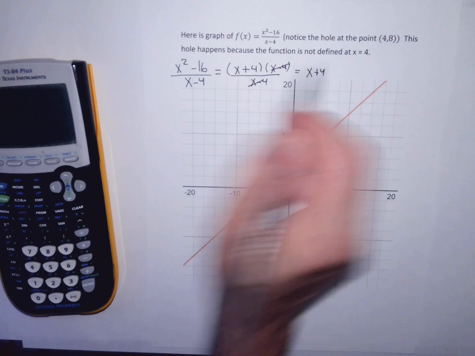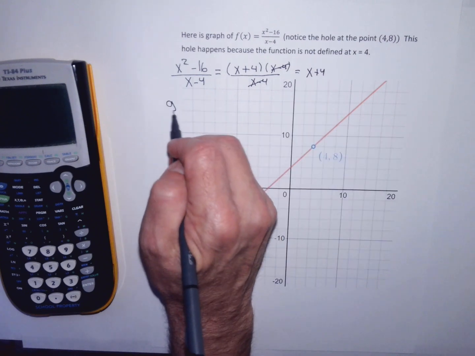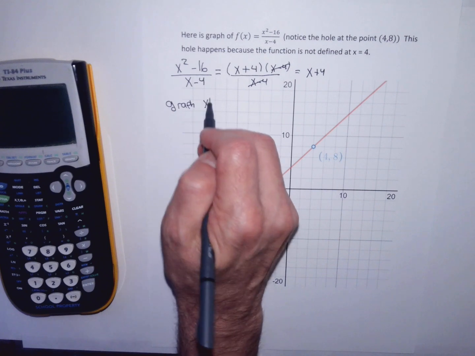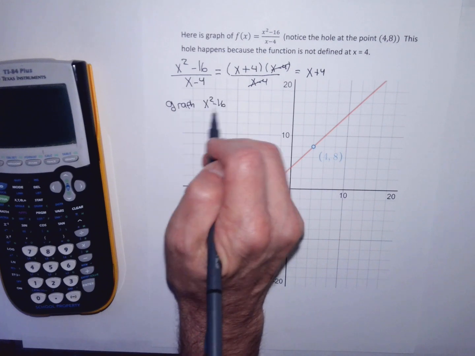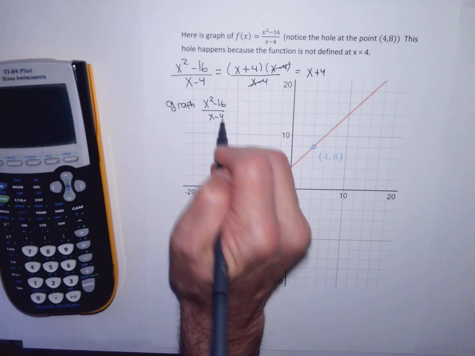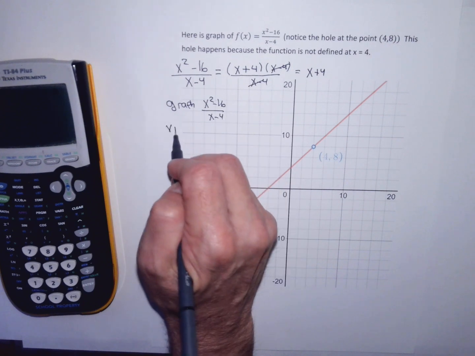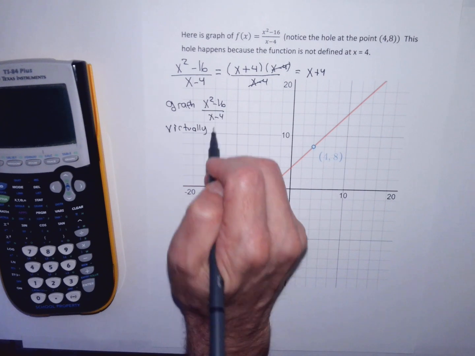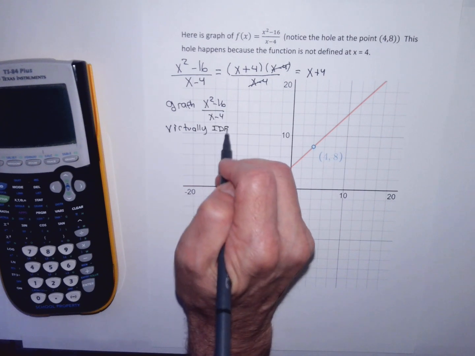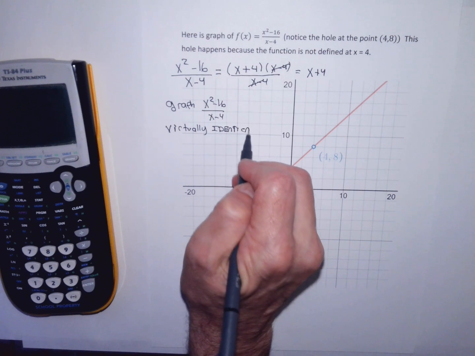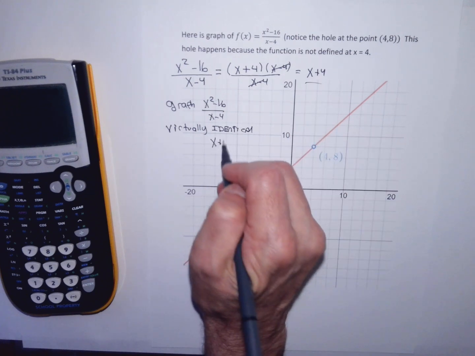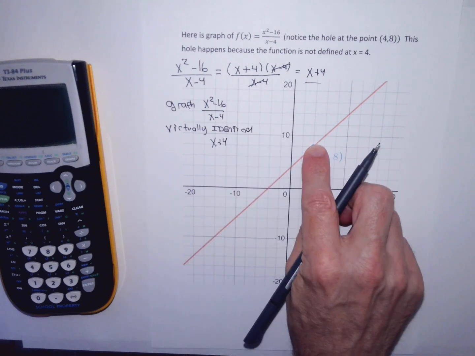So the graph of x squared minus 16 over x minus 4 is virtually identical to the graph of y equals x plus 4, f of x equals x plus 4. In fact, the graph of y equals x plus 4 would be this graph without the hole.